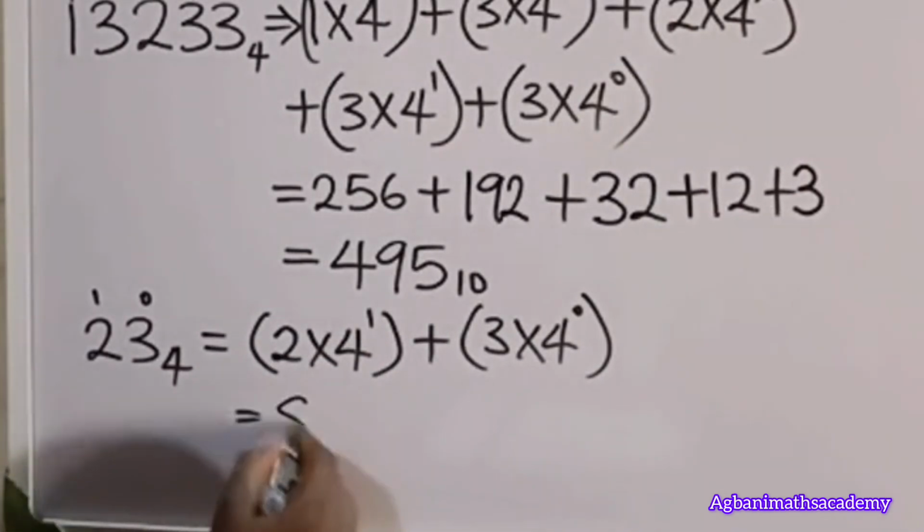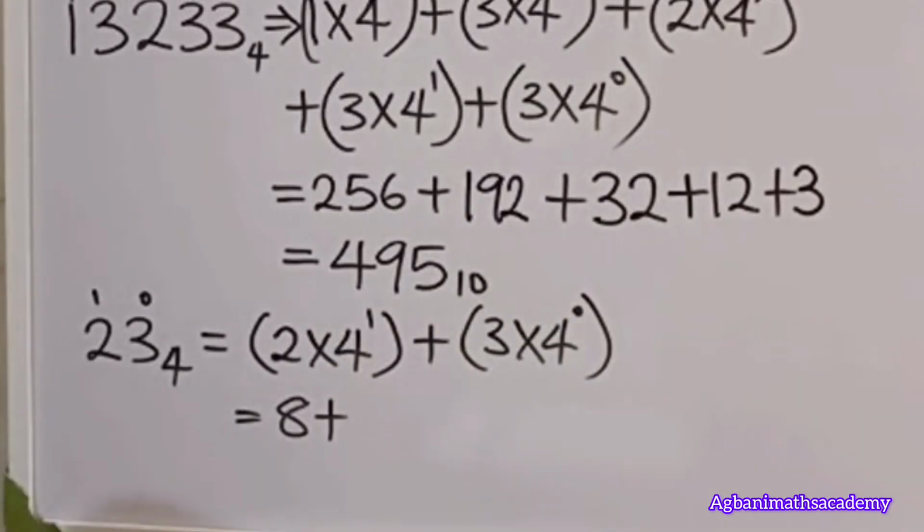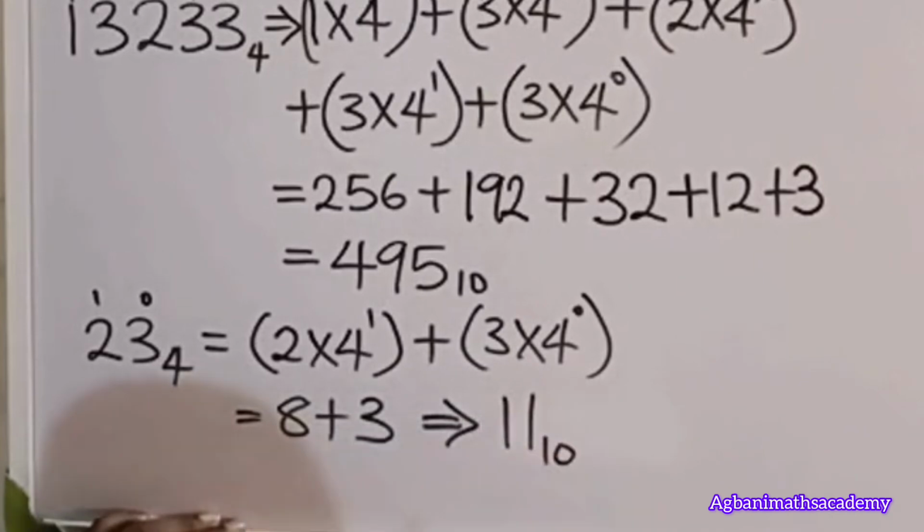So we have 8 plus 4 to the power of 0 is 1, and 1 multiplied by 3 is 3. So now we have 8 plus 3, what we have is 11 base 10. So we have converted the two values to base 10. The next step is for us to divide them.